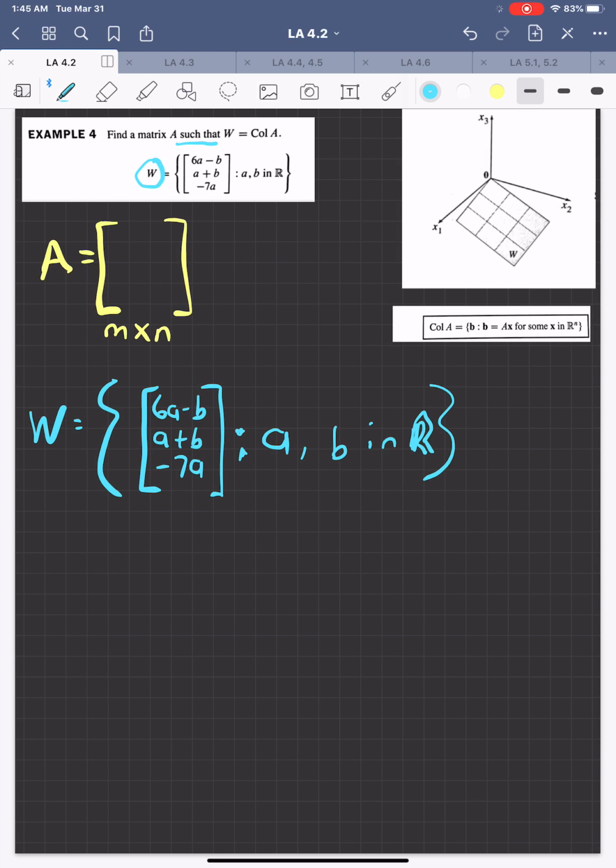I'm going to erase what I just wrote because we already have it written. But that is how they're defining W. But what do you want?